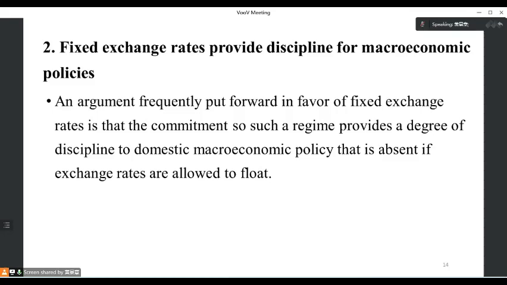An argument frequently put forward in favor of fixed exchange rates is that the commitment to such a regime provides a degree of discipline to domestic macroeconomic policy that is absent if exchange rates are allowed to float.